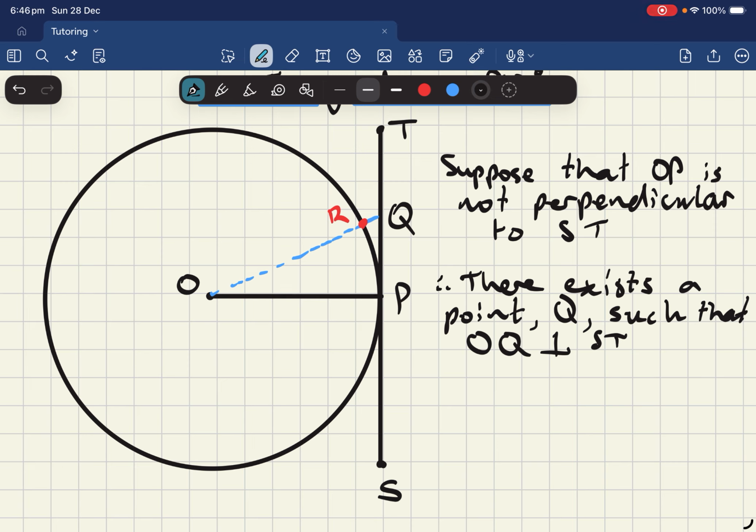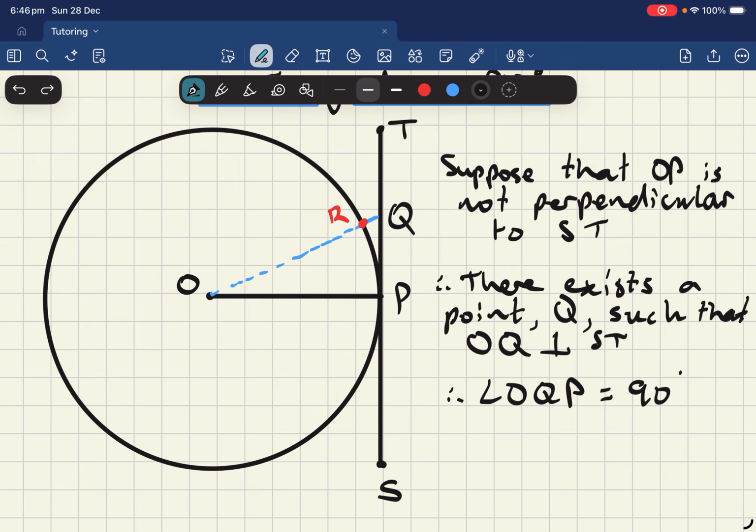Now, I know you're looking at it and going, this looks like an acute angle. I know it's not, but just try to visualize it. We're trying to make a contradiction here, following the logical steps. Since we're saying this is perpendicular, the angle OQP equals 90 degrees.